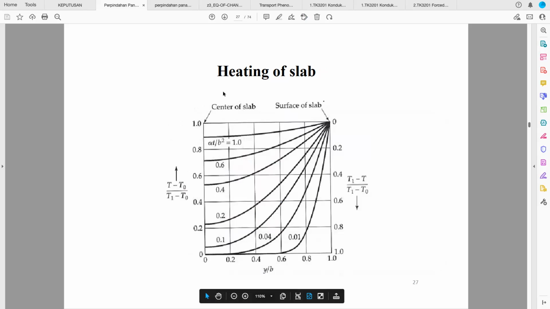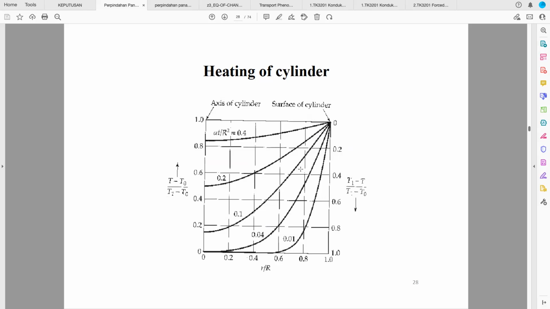So again, if you know the thermal diffusivity, you know the time, and you know the b squared, or the length, you know how to get the heating of the slab. This is also similar, for example, for heating a cylinder. Again, T minus T0 divided by T1 minus T0.